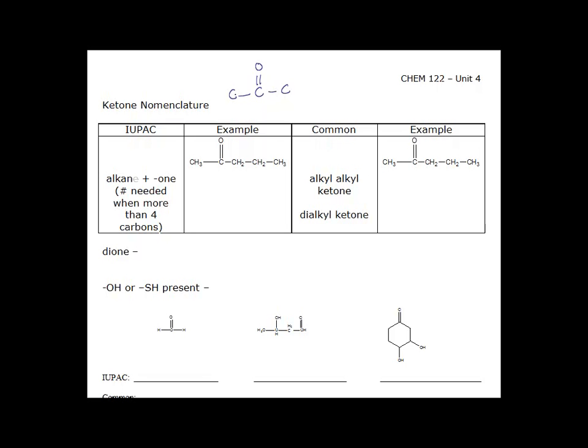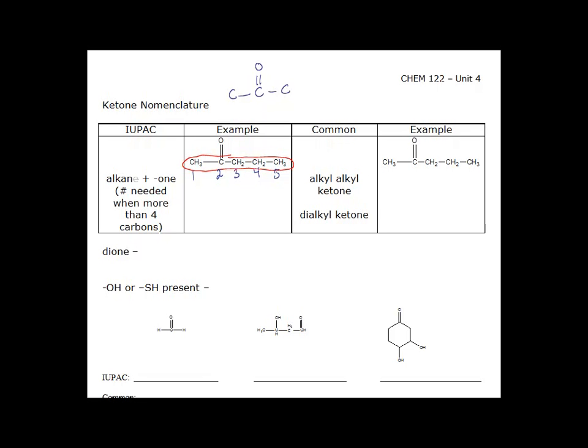So remember that IUPAC, always find the longest continuous chain of carbons containing the carbonyl. So this would be the longest continuous chain of carbons. Let's see, we'd number it so that the carbonyl gets the lowest number, so that would be left to right. So 1, 2, 3, 4, 5. So it's a 5-carbon parent, so pentane.